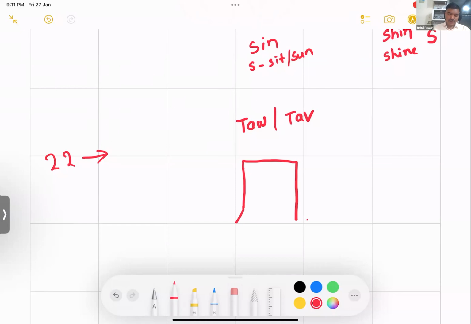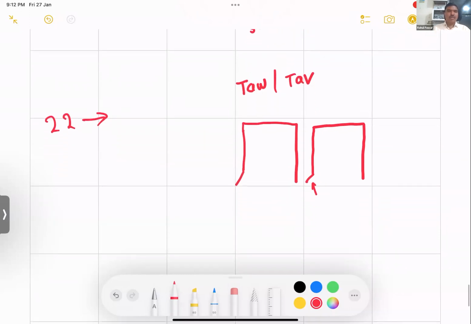Here, once again, I will show you. This foot is angular over here. Tau. When there is a dot in tau, then it gives a clear T sound, clear T sound, as in teeth.